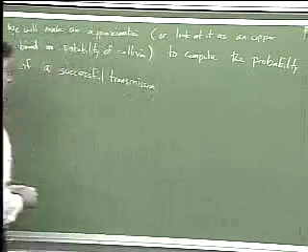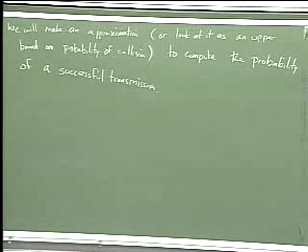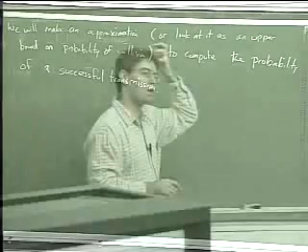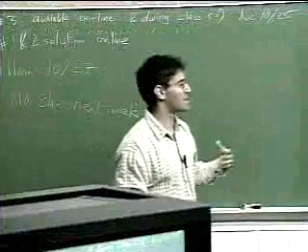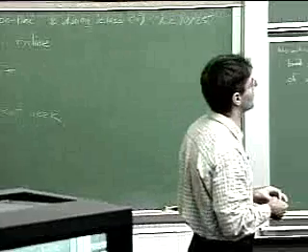Okay, we're going to look at the probability of a successful transmission in this setting. To do so, we actually have to make an approximation. The system is slightly different from what we're going to analyze.